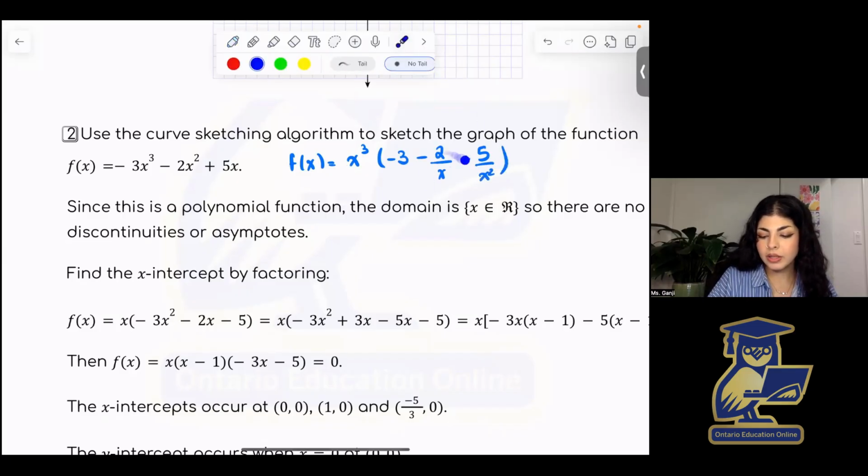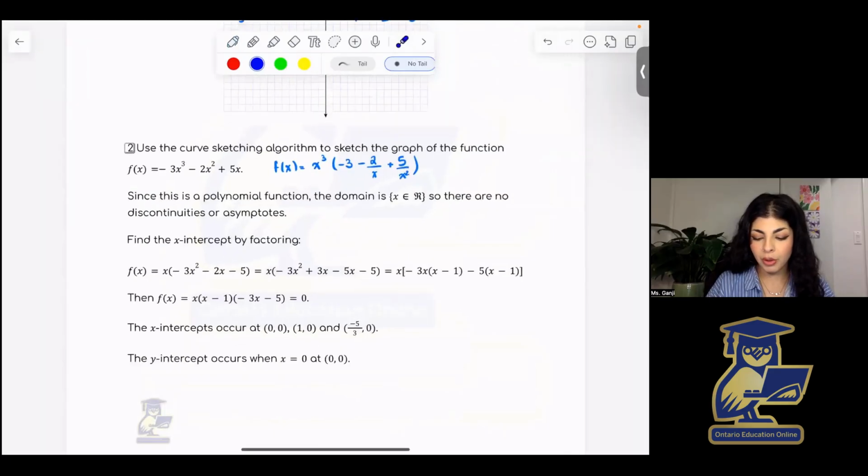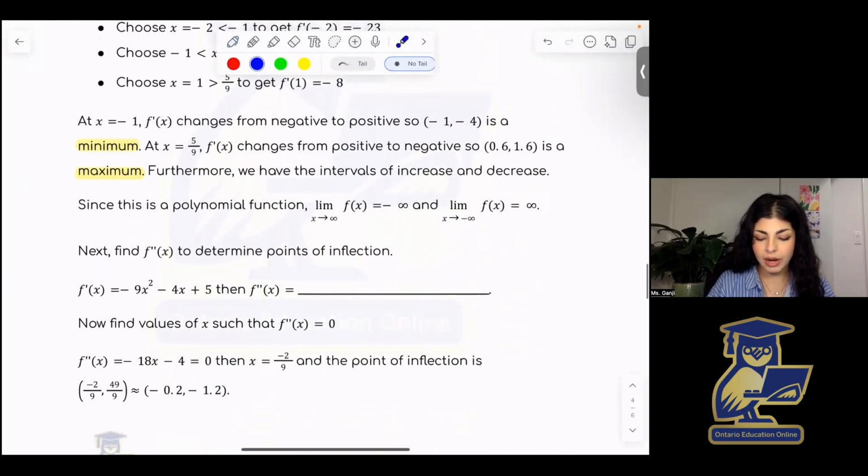And clearly these are going towards 0, and then this is just a constant here, but this is the part that we care about the most, and x cubed goes towards infinity. That's just the property of a polynomial function. So then same with here. We say that it is going towards positive infinity.